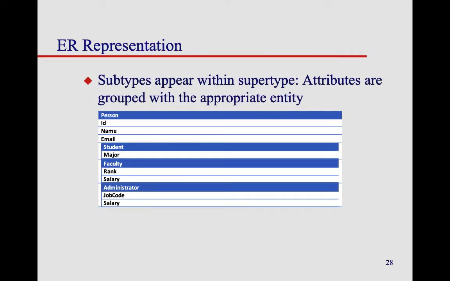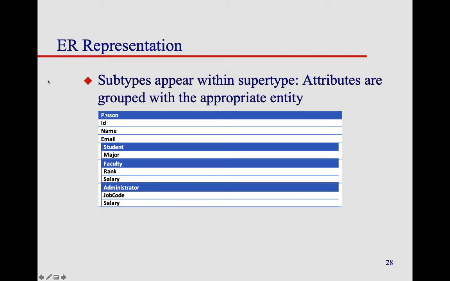Yes? So when you're actually creating the table with it, you create each subtype as its own table? Yes, very good. When you're creating the tables, person would have its own table, and student, faculty, and administrator would each have its own table, and then they would each have the same primary key. So in the actual student table, there would be, in addition to major, an ID so that you could link it back to the person table.